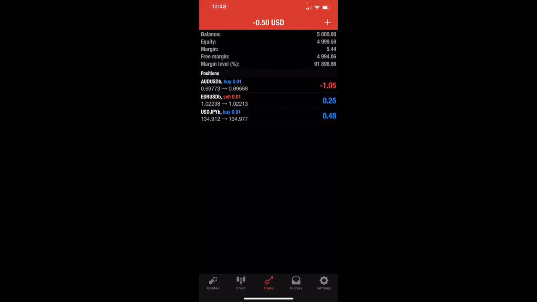Now remember when you're buying, for you to make profit, let's say you bought the land at 500K, you would only make profit on that land if it appreciates beyond 500, meaning if it goes to 600, you make profit because you bought at 500. That 500 was like your entry price when you bought. So the same for Forex.